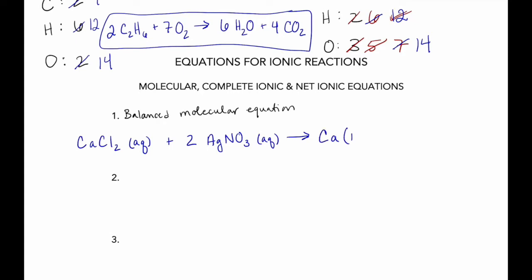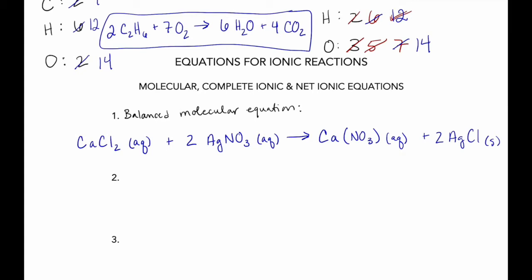And then the products are a calcium nitrate, which is aqueous, and a silver chloride, which actually is a solid. We're going to look at a reaction like this more in depth later. For now, we're just looking at this idea that it is called a balanced molecular equation.